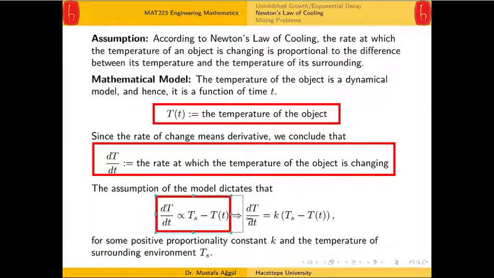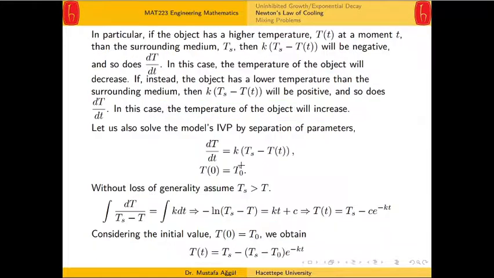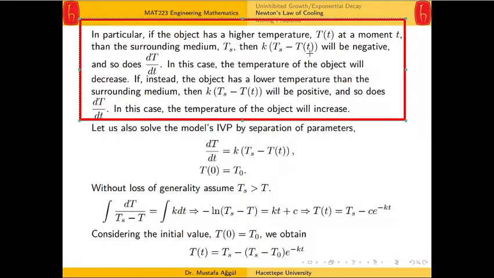Then this basically means dT/dt is equal to some constant k times (Ts minus T), where Ts is the temperature of the environment, T is the temperature of the object, and k is some proportionality constant. Here there is some explanation for the sign of this k.